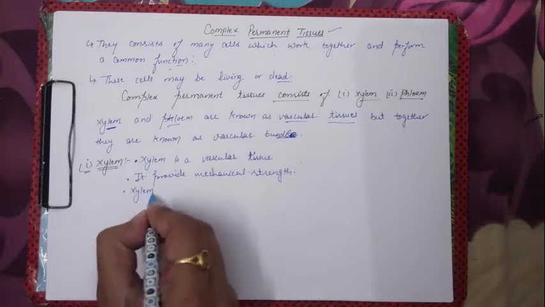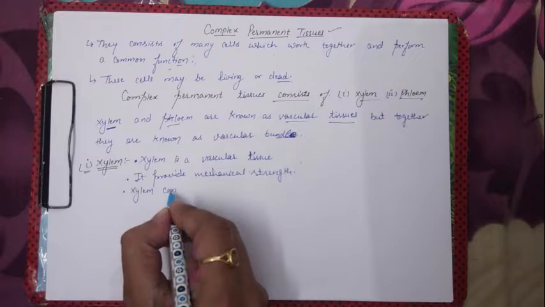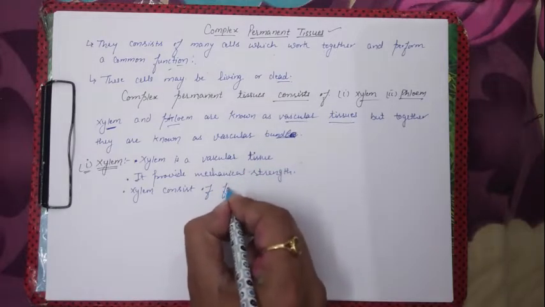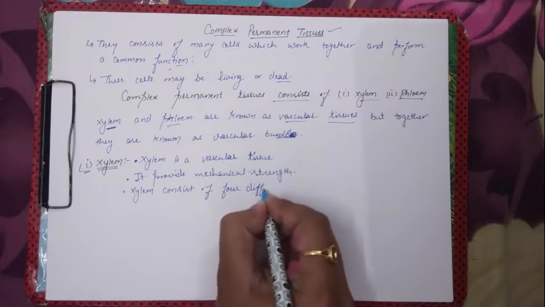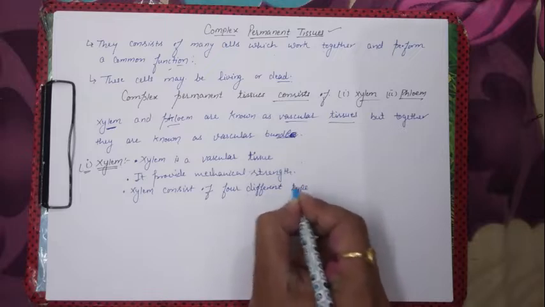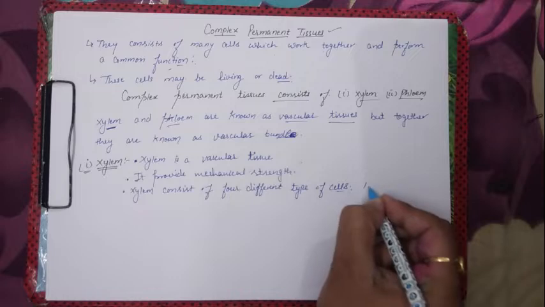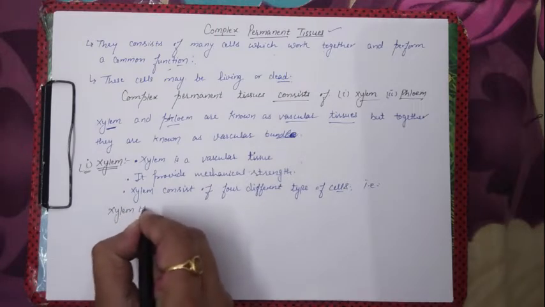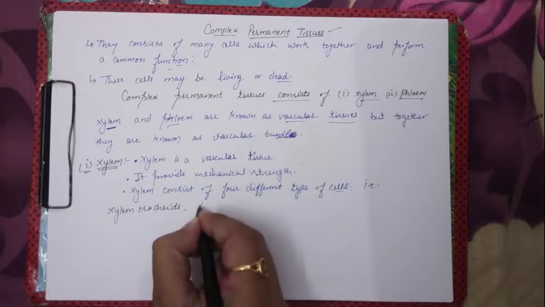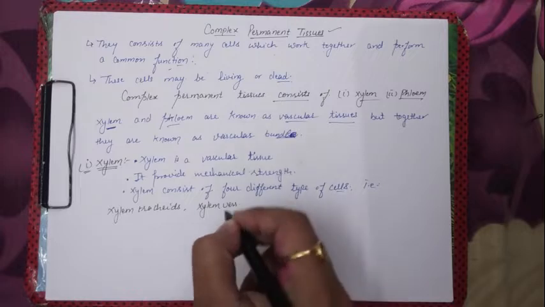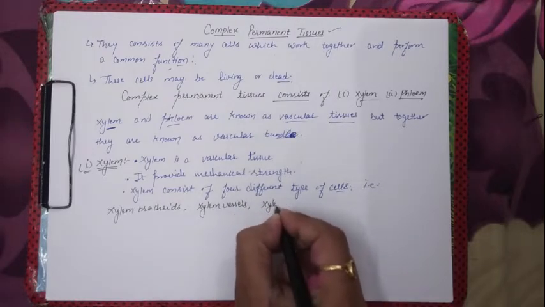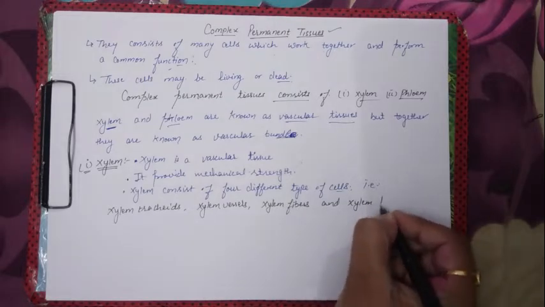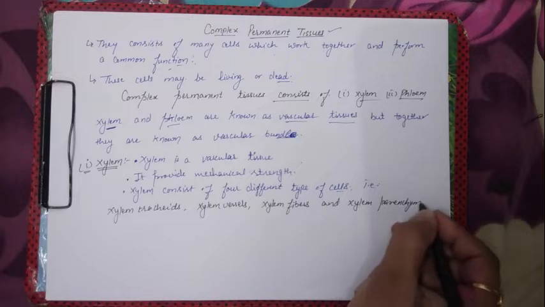Xylem consists of four different types of cells, and these cells are xylem tracheids, xylem vessels, xylem fibers, and xylem parenchyma.